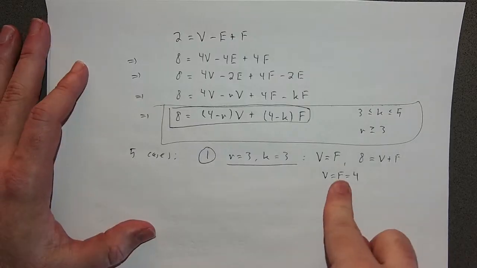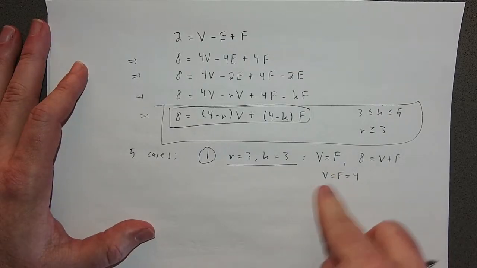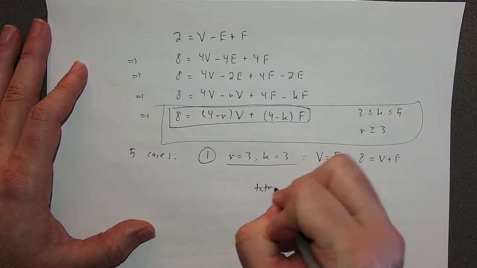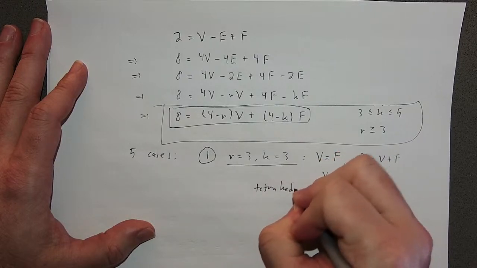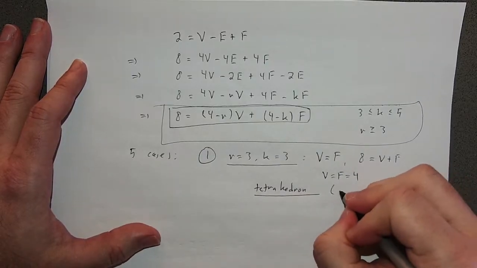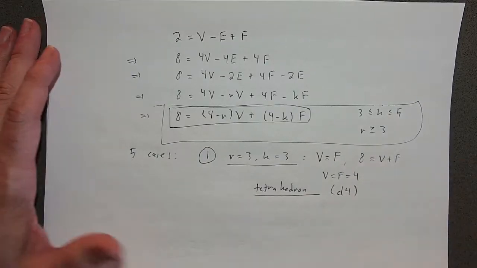Number of vertices, number of faces is 4. This is what is called a tetrahedron. If you've ever played Dungeons and Dragons, this is a D4.